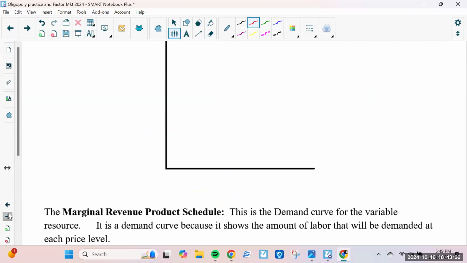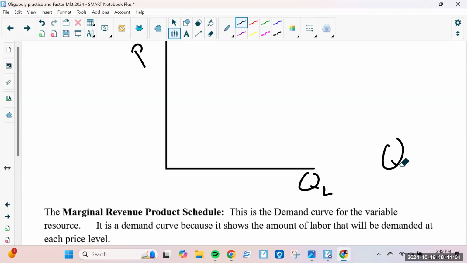All right, so the MRP is actually a demand curve. If I were to draw this out for you, we have our price here and our quantity, but this is going to be in the factor market. This is very important. Don't just put quantity, because that implies you're in the product market. This is actually quantity of labor, so you've got to add that L there. Now we know we're in the labor market.